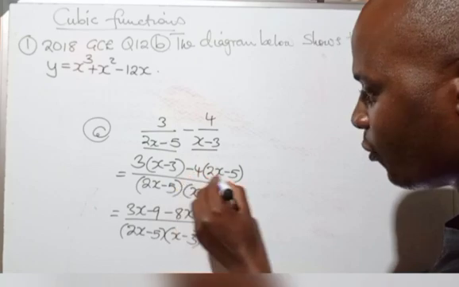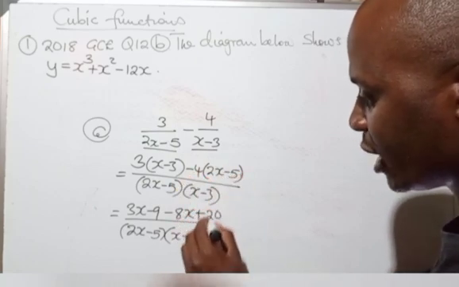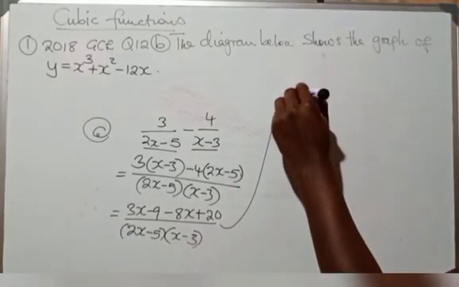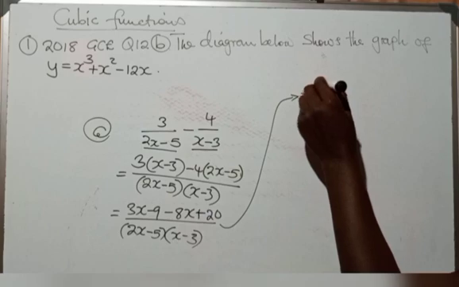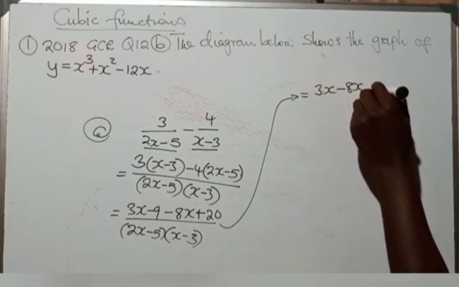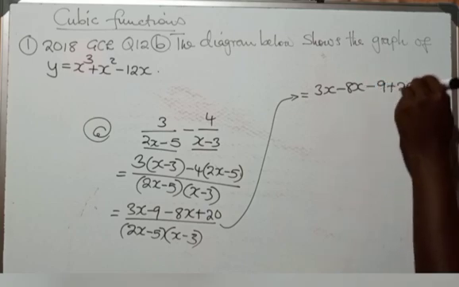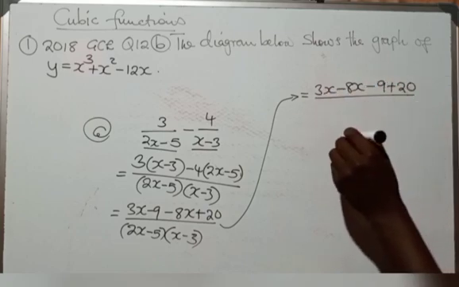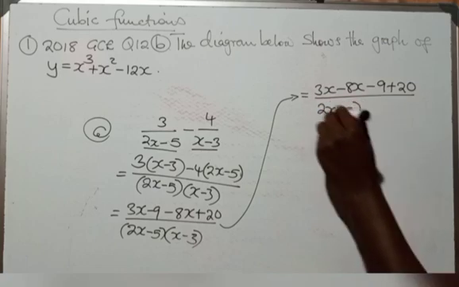Then negative 4 multiplied by negative 5 will be positive 20. So from here it will be 3x minus 8x, then minus 9, then plus 20, everything over 2x minus 5.